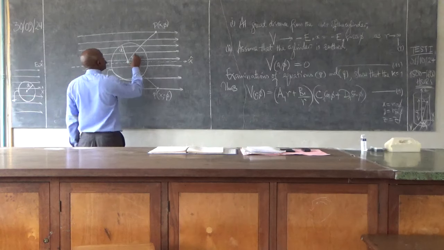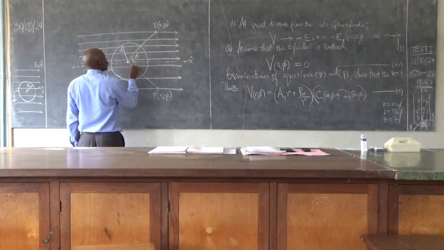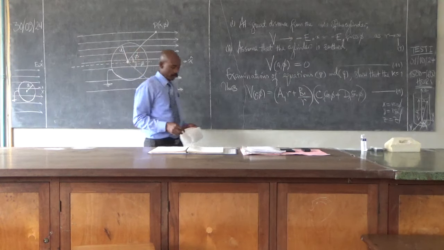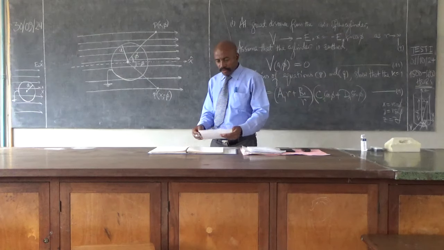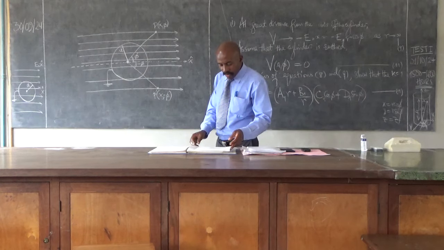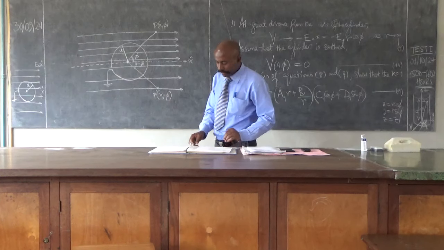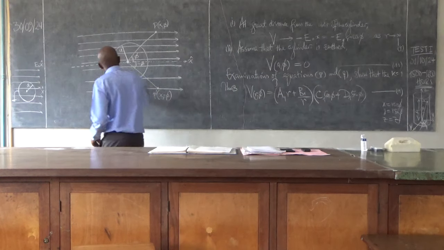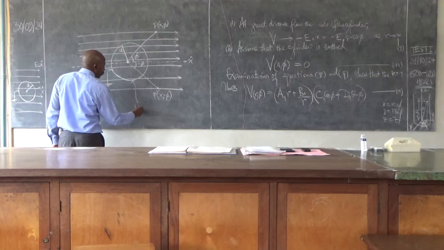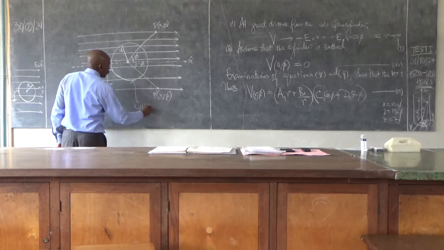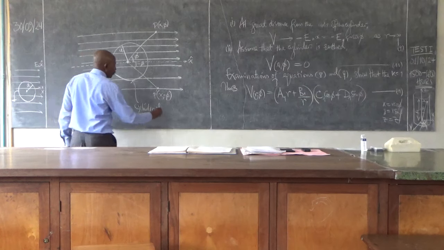Up here is positive phi, and down here is negative phi. And this is a cylinder of radius a.